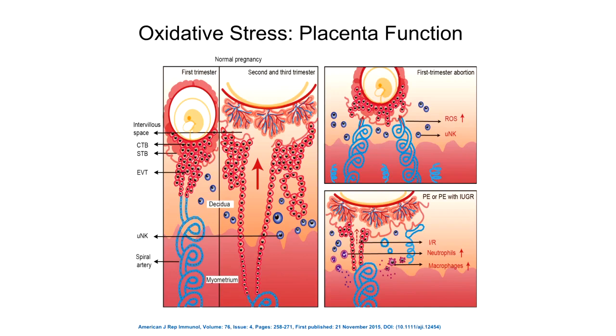If we do not have a correct connection between the spiral arteries and the trophoblast, we're going to see hypoxia, but also recurrent ischemia and reperfusion. Inflammation will pick up with neutrophils and also macrophages.